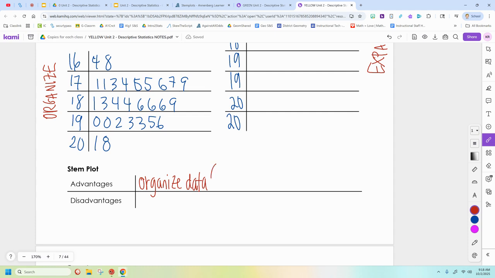And we also get to therefore keep the raw data, right? Can we see shape and center pretty easily? Yeah, you can see. You can also see if there's a possible outlier.